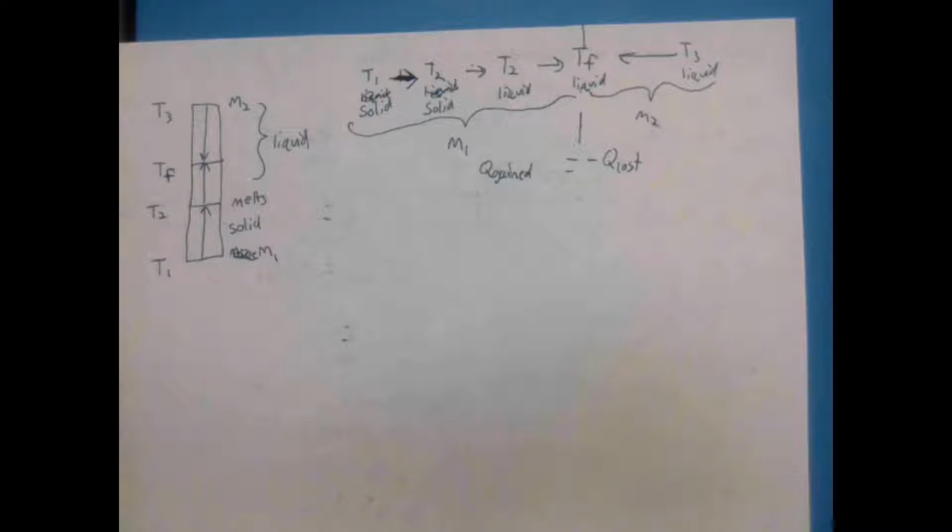It's going to equal negative mass 2 times CP of liquid, and then we're going to go from final to initial, so TF minus T3, because the arrow's in the opposite direction.